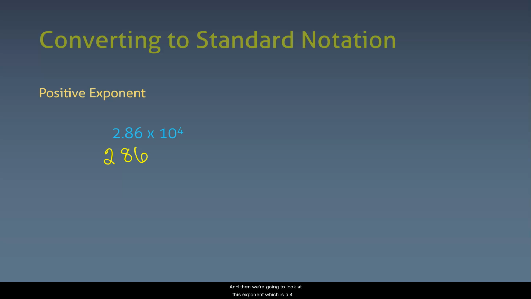Okay, and then we're going to look at this exponent, which is a 4 in this case, and we're going to move the decimal 4 places from where it started. Now we have to add in our zeros, and 28,600 is the answer that we get in this case.